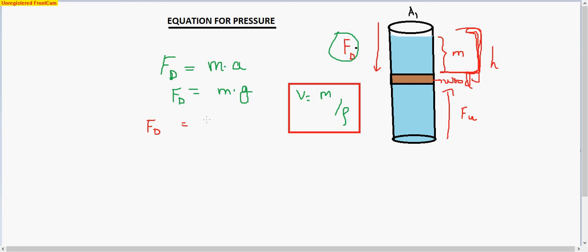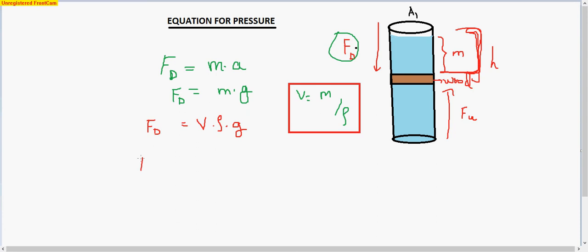So I can also write this equation as volume into density into g, the gravitational constant. This is rho.